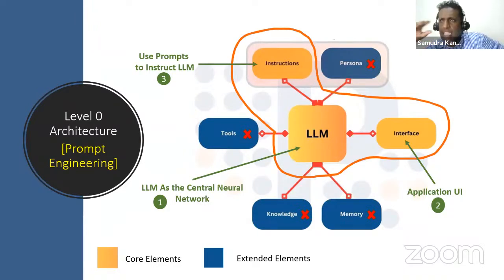So at level 0, I have structured this architecture into 5 different pillars. If you take the lowest level, that means you are interacting with your architecture directly on the raw low level large language model, and what you do there is purely drive prompt engineering. Giving instructions, prompt engineering is the way you instruct a large language model.